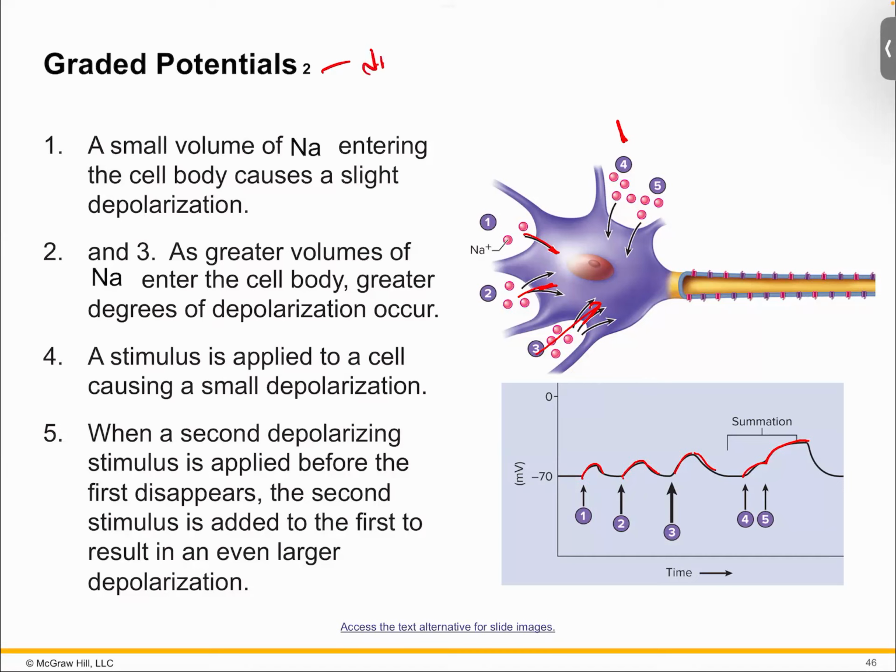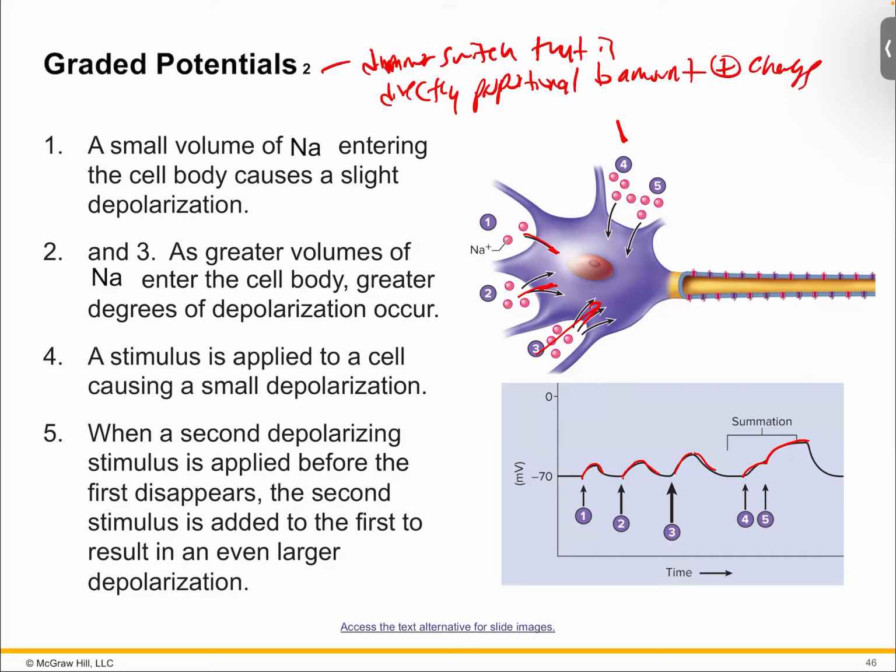It's like a dimmer switch. That is directly proportional to the amount of positive charge. The more positive charge you have coming in, the stronger the response, the closer to threshold you get.